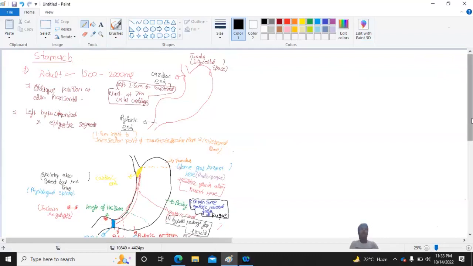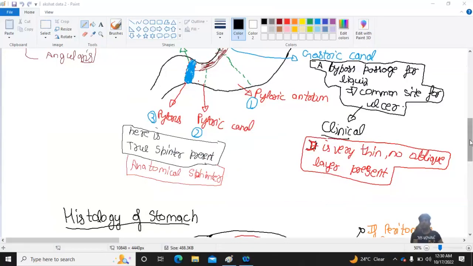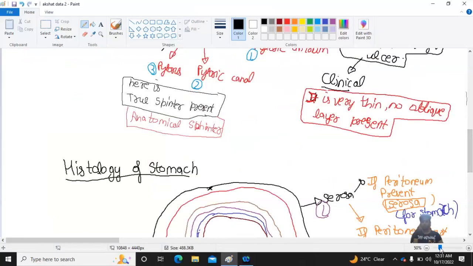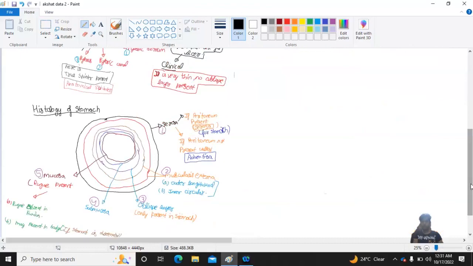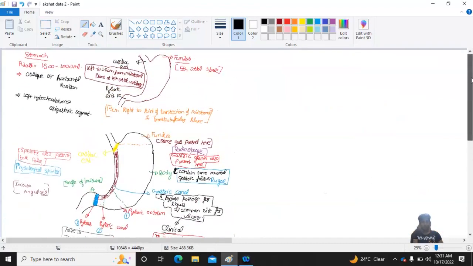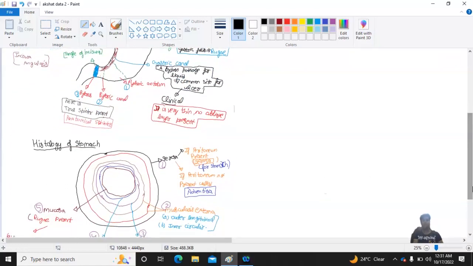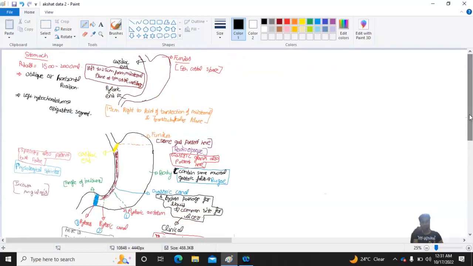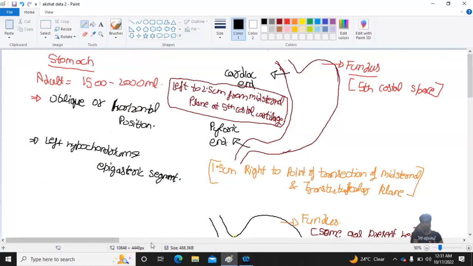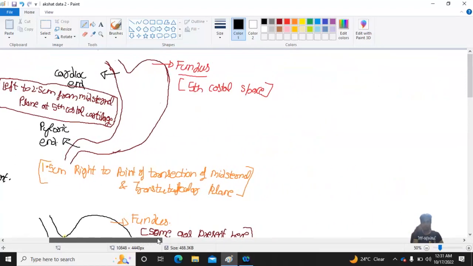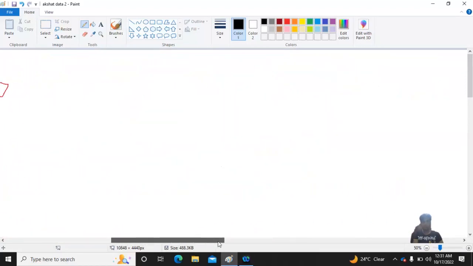So we have covered all these things: stomach orientation, stomach parts, gastric canal, all things, and histology. Now we will cover the blood supply of the stomach.